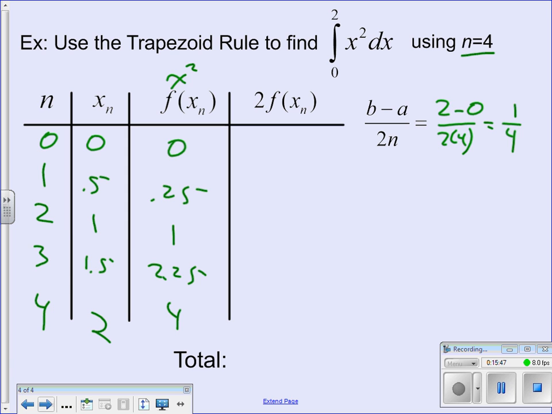I start here. Let me do it over here on the board. Might as well give you both sides, even though we're not doing it. What are we doing? We're going from 0 to 2. We're finding the area under here, right? How many pieces are we breaking it up into? 4.